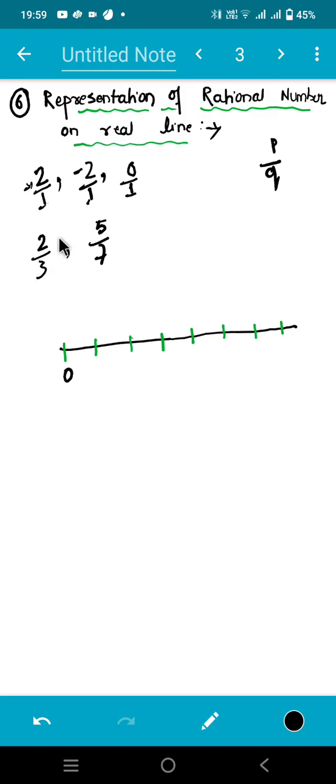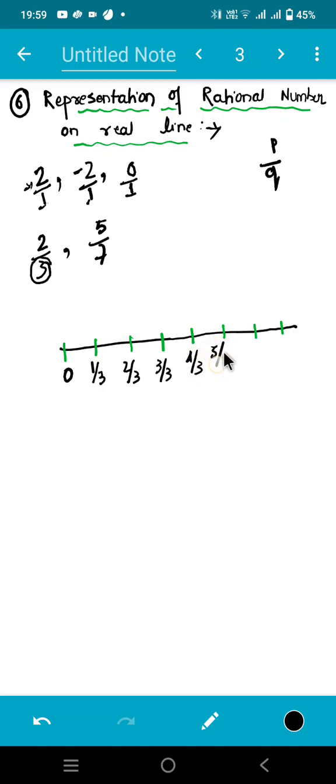Now for this type of rational number, you have to be very careful with the denominators. Fine. So what is the denominator? 3. So the first number would be 1 by 3. The second line would be 2 by 3, and the third line would be 3 by 3, then 4 by 3. Understood?